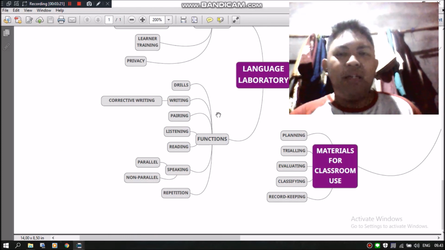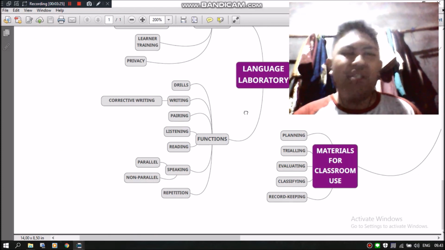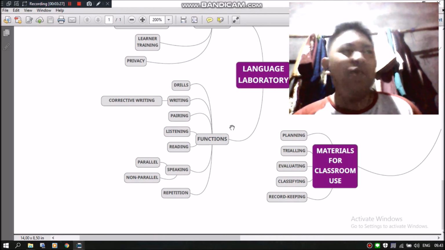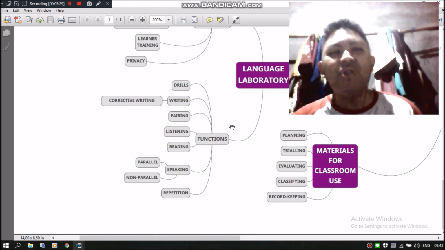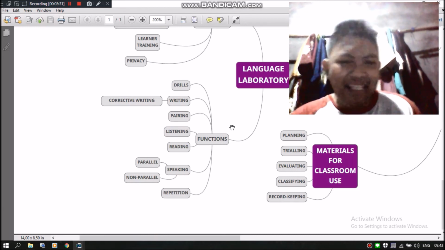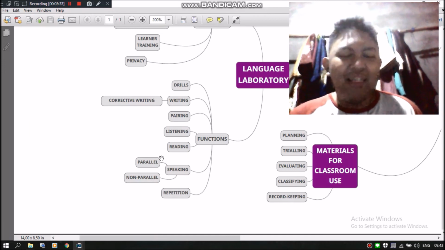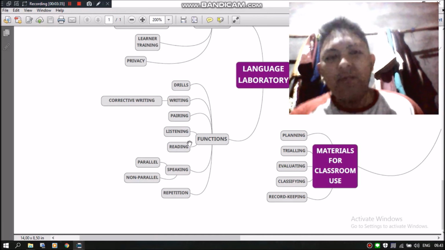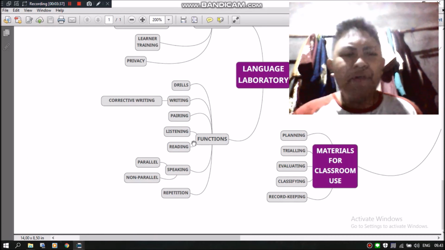Also, the main function, I think, is listening, because you wear headphones. That's it. It can also be used for reading, for example, if you need to.